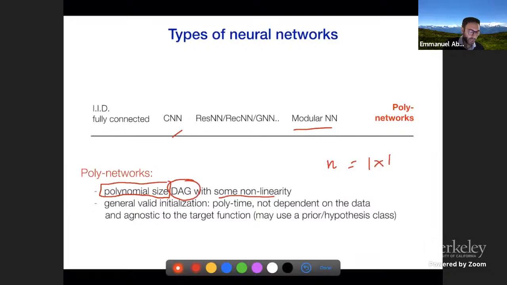For the initialization, it can be general, but it has to be a valid initialization, which means you have to come up with it in poly time. You can't cheat and do something crazy. Of course, it has to not depend on the data for training and testing, and it also has to be agnostic to the target function, although it may use some prior hypothesis class or some realizability assumption I'll discuss.